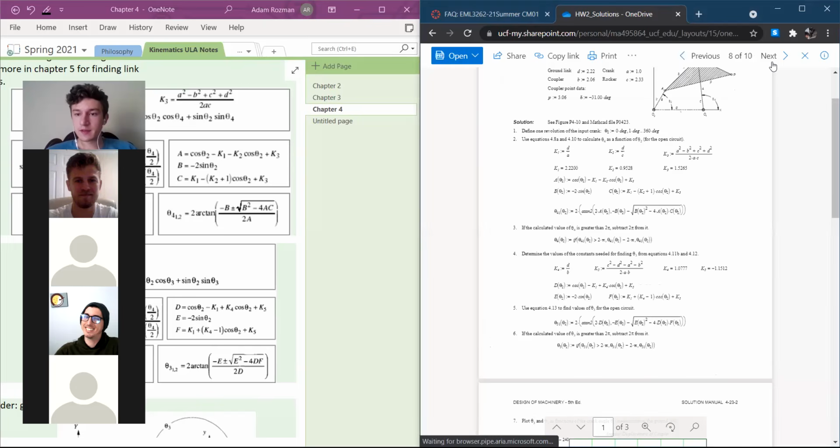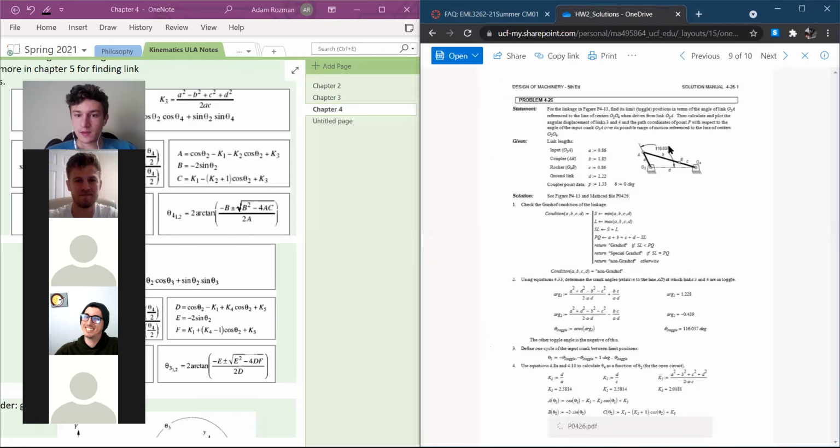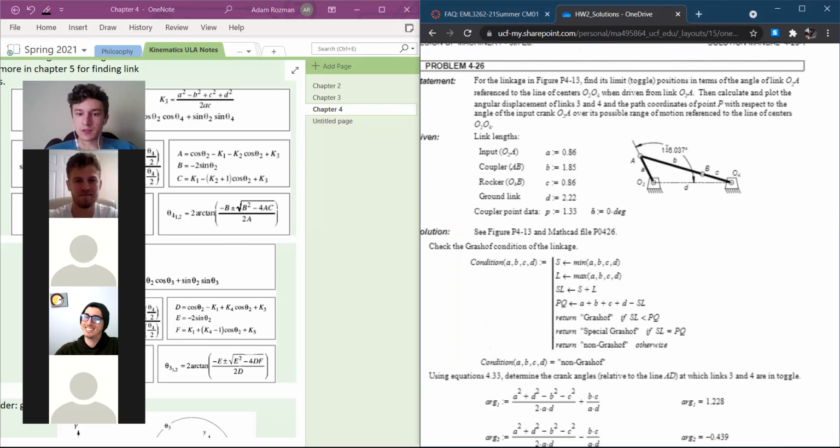Okay, otherwise, this is a good toggle position question. Let's just do that then.